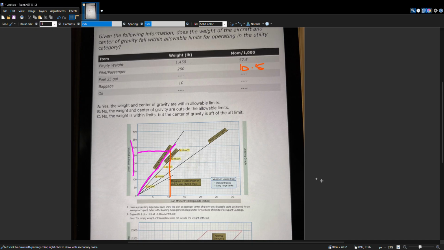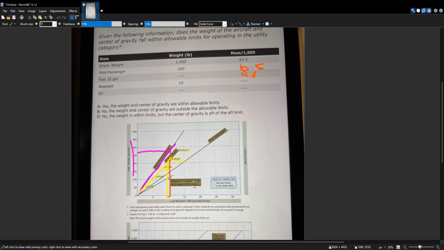So we have 30 and 38. So we're going to carry this. 35 would be around here. And then that would give us about, let's just say 9.8, something like that. That'd probably be fine. 9.8.